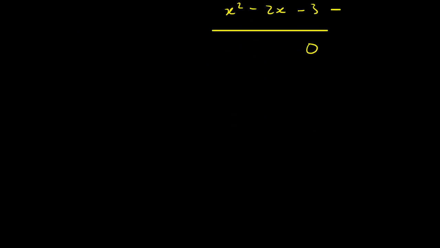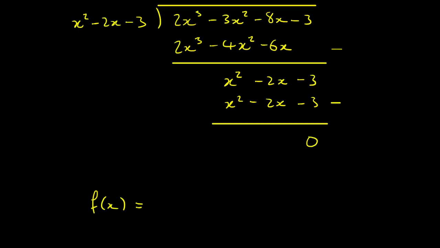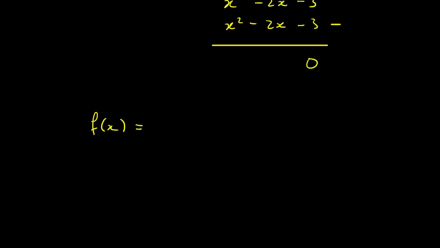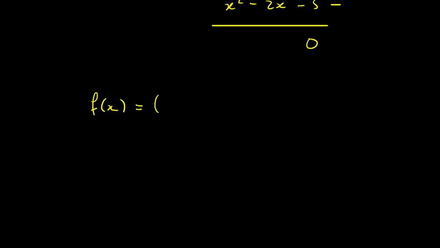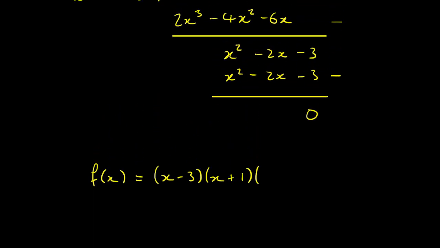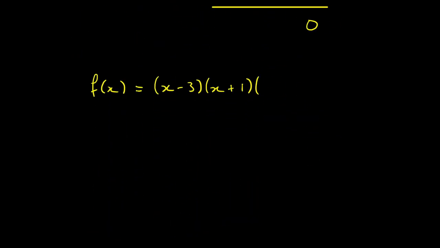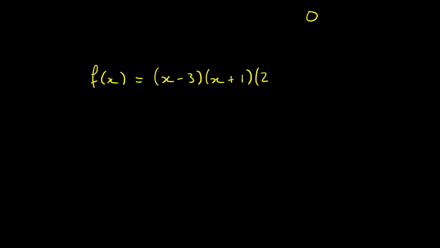So the polynomial can be written as f of x is equal to, so the factors were x minus 3 and x plus 1, and 2x plus 1 is the remaining factor. And if that's the case, what are the roots of this function?